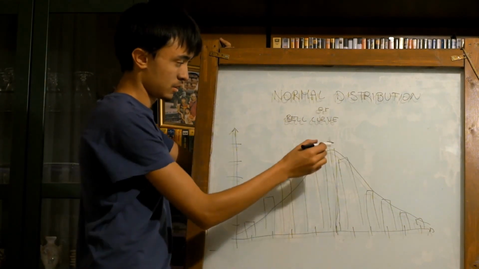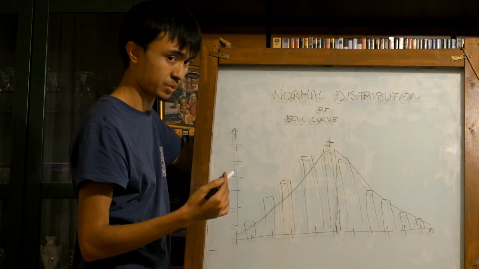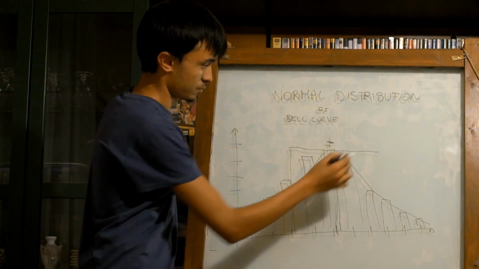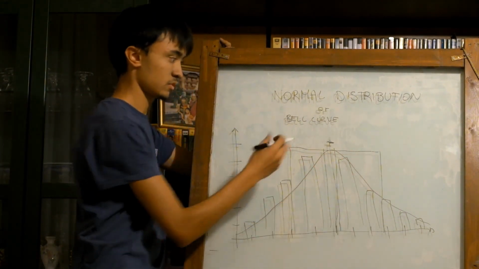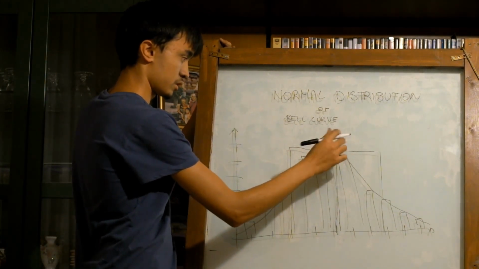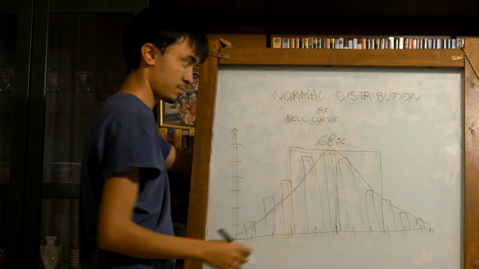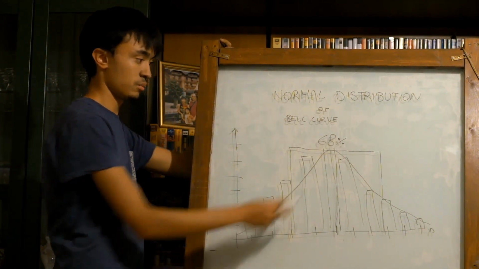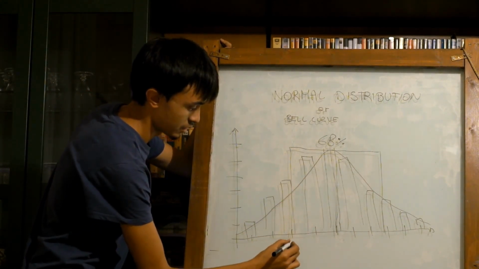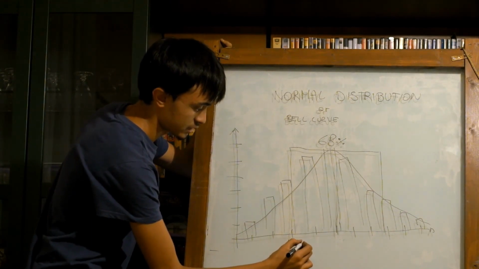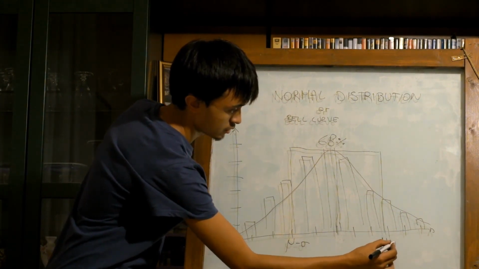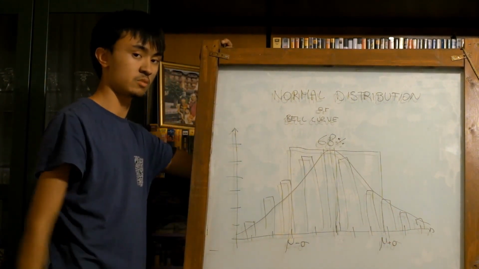In fact, 68% of the bell curve is contained within the mean plus or minus one standard deviation. This is the mean minus one standard deviation, and this is the mean plus one standard deviation: the 68%.